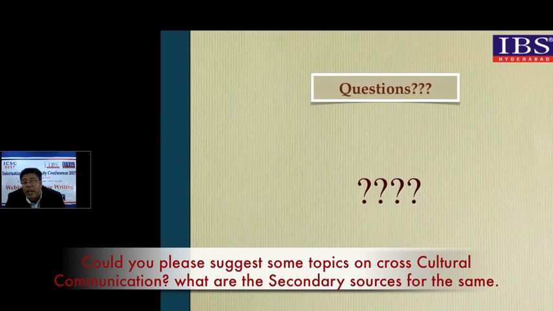If you really want to write a case on this, I would suggest that you get in touch with some companies which face these issues, because that will help you make a very good case. From secondary sources, you may not always get very good triggers or the kind of information that you will need for that.